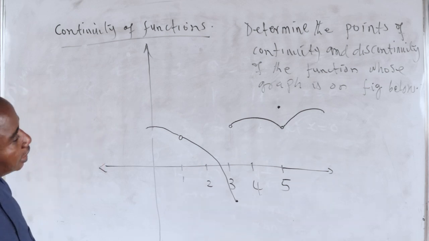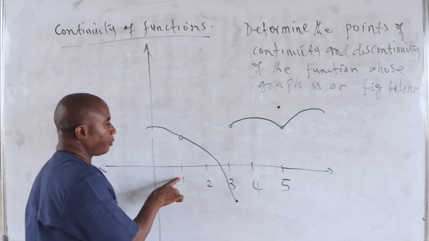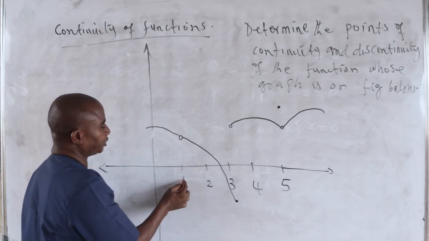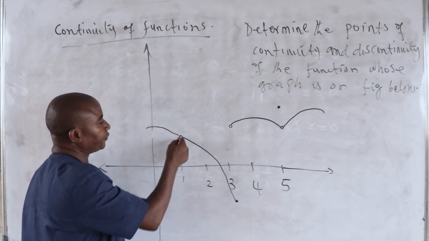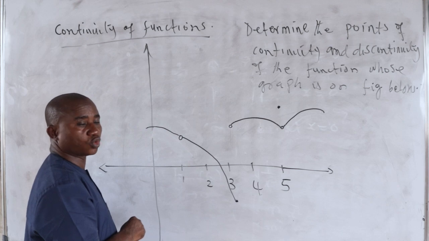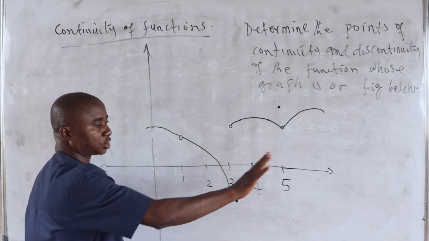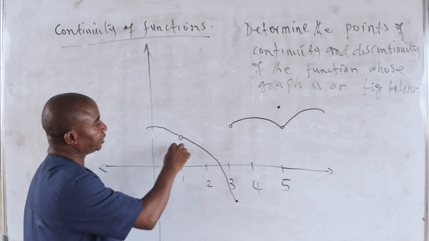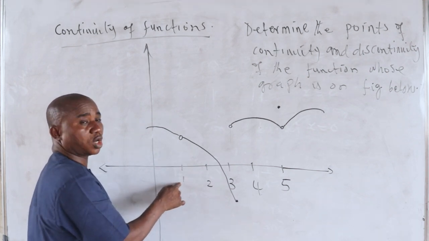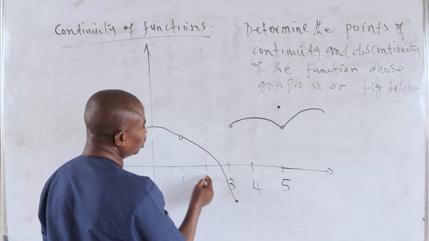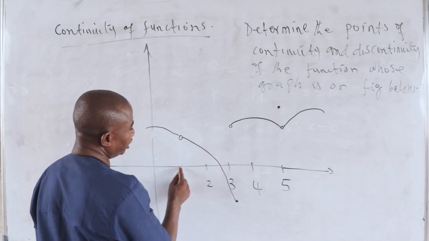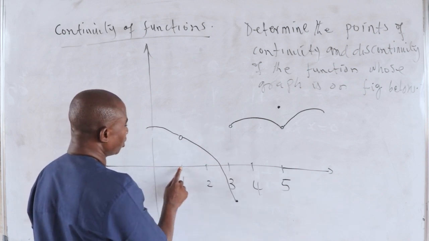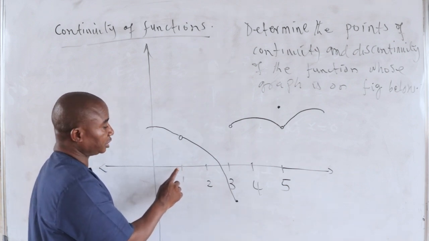First, notice here that at the point 1 there is a hole on the graph of this function, which means this function is not defined at the point x equal to 1. So f of 1 does not exist. Since f of 1 does not exist, this function is discontinuous at the point 1. But at the point 2, this function is defined. In between 1 and 2, the function is defined. In between 0 and 1, apart from 1, the function is defined.